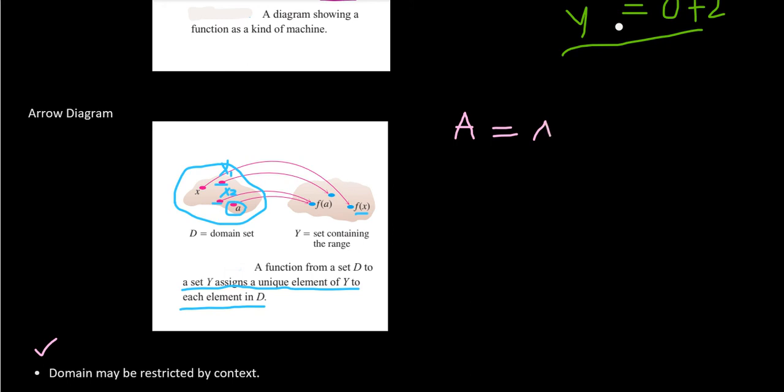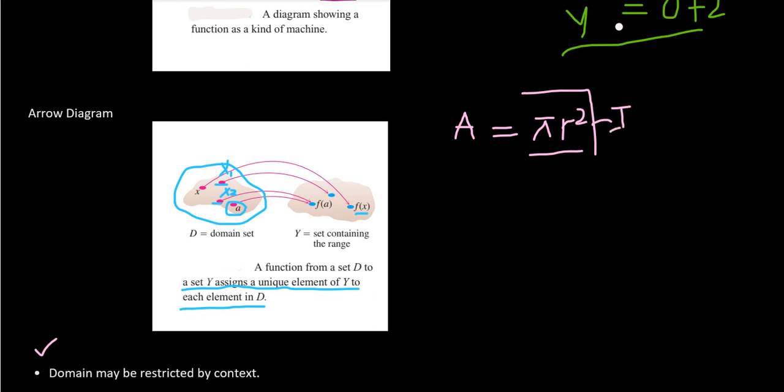So A is our function that depends upon the values of these two, radius and pi. These both are independent.